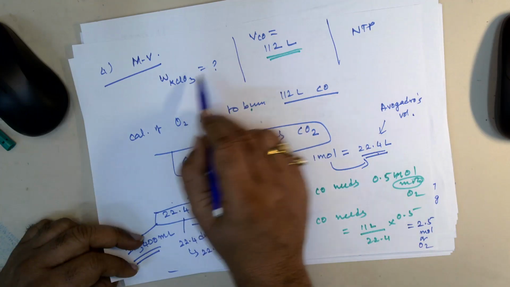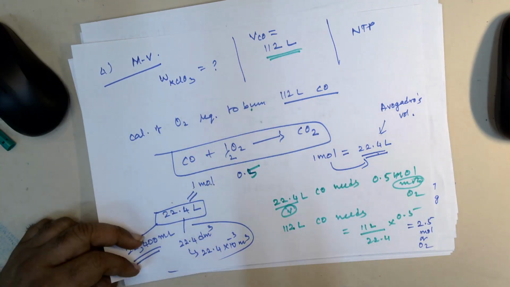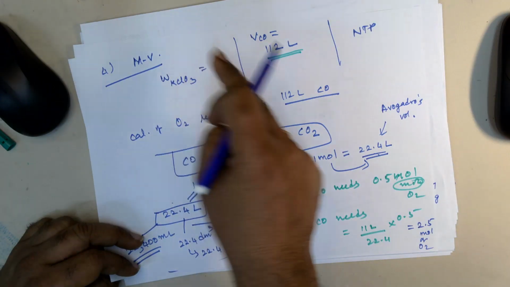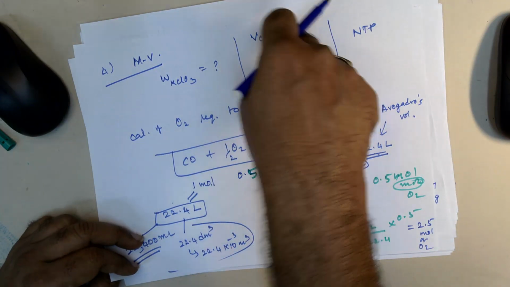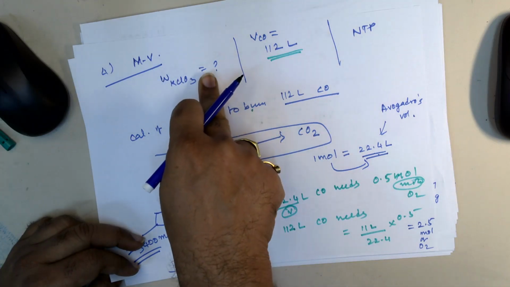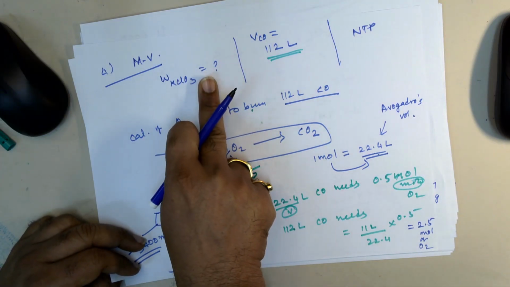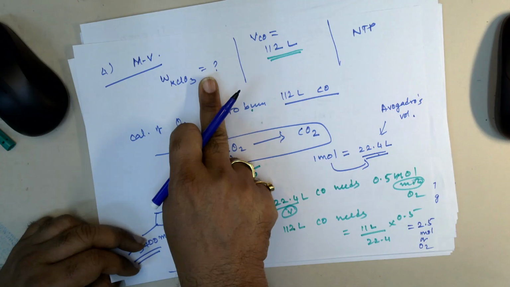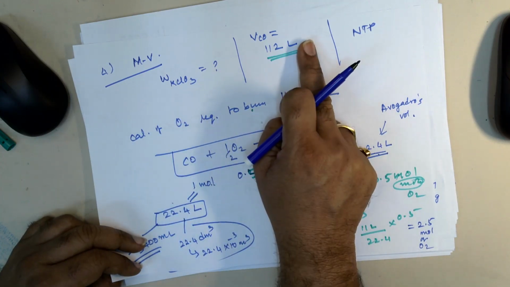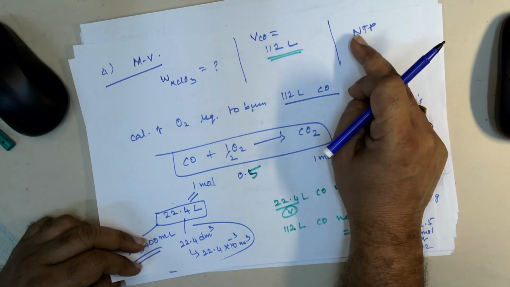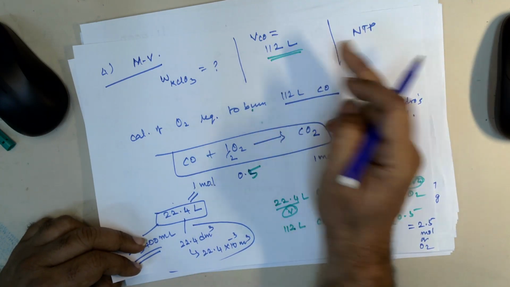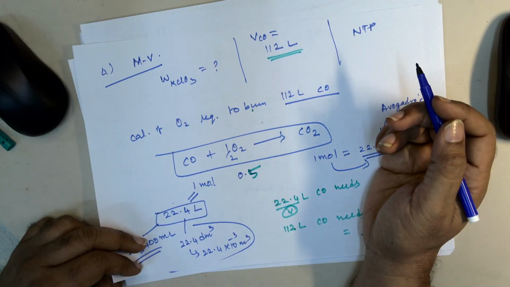So we have got two equations now. The oxygen available from the first experiment is consumed in the second experiment. But they have not given directly the weight of oxygen or the mole of oxygen. Instead, they have given the consumption of 112 liter volume of carbon monoxide.